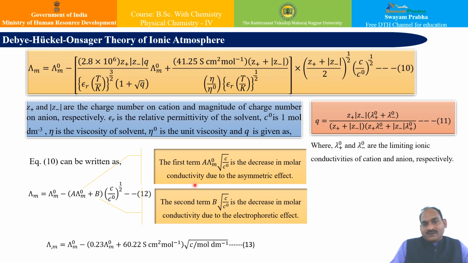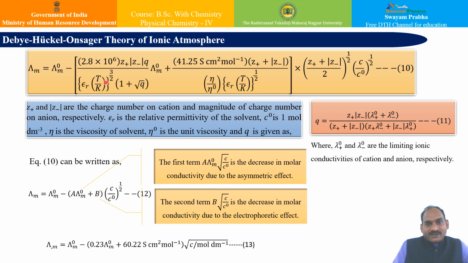As we can see, the first term in equation 12 is the decrease in conductivity due to the asymmetric effect, and this part appears in the denominator because on increasing the relative permittivity and temperature, the interionic attraction is decreased, which is quite obvious, and therefore there will be less decrease in molar conductivity.